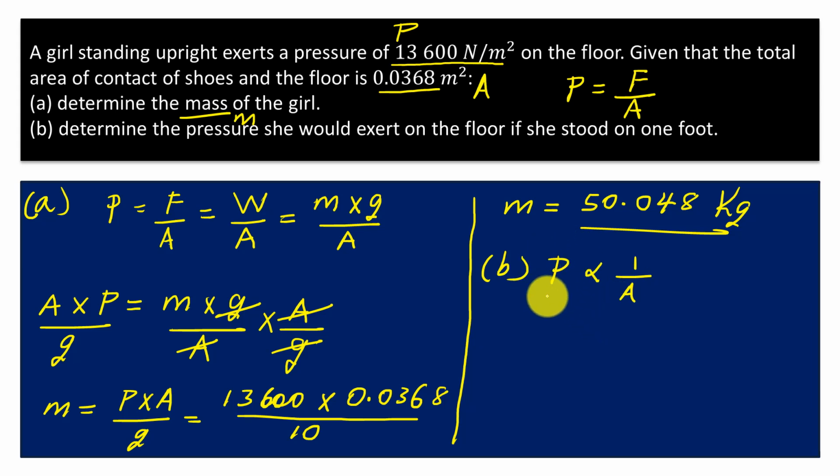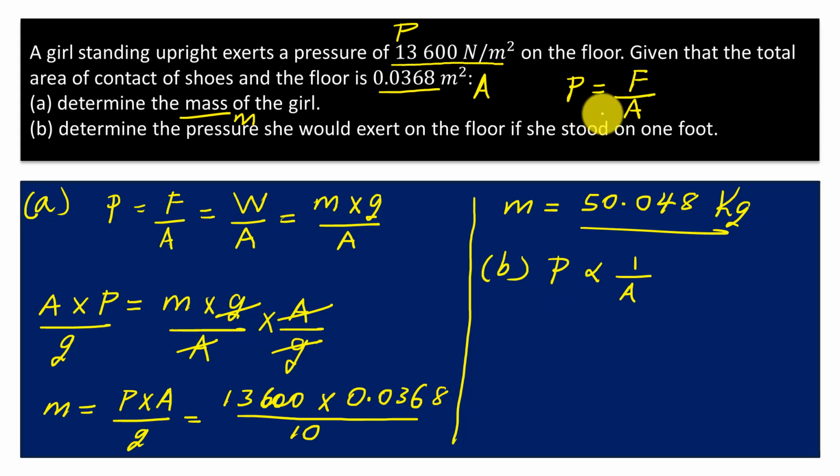Pressure is a dependent variable. It depends on area. When we say that pressure is inversely proportional to area, we are saying if area is doubled, pressure will be halved. Similarly, if area is halved, like in this case the area is halved, pressure is doubled.